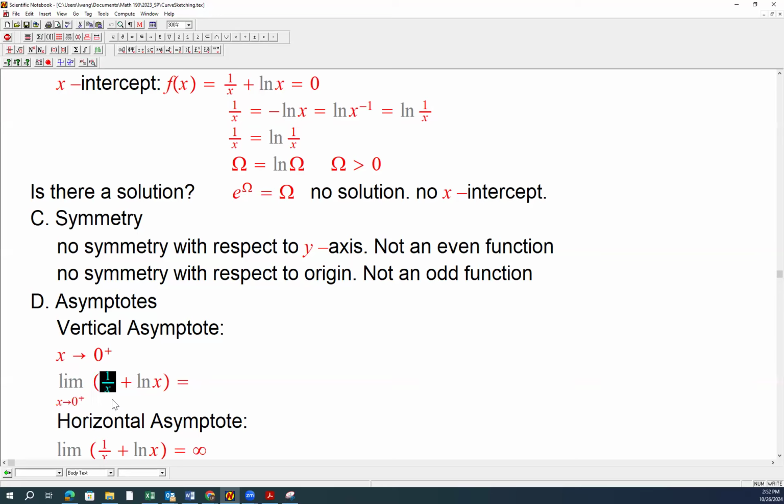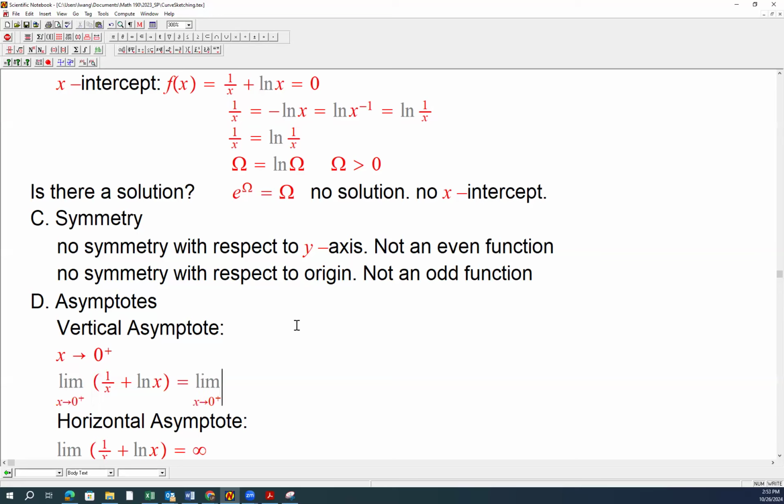This piece is approaching positive infinity, and this piece is approaching negative infinity. So we have infinity subtract infinity, and we don't know what it is going to equal. So in this situation, we will have to do something.